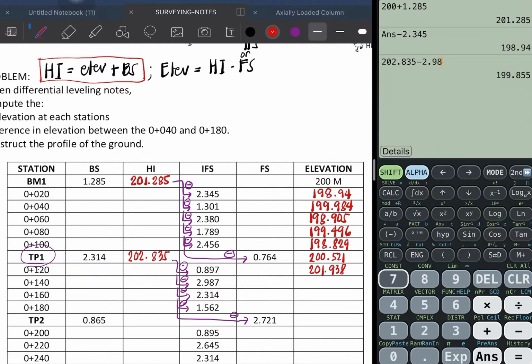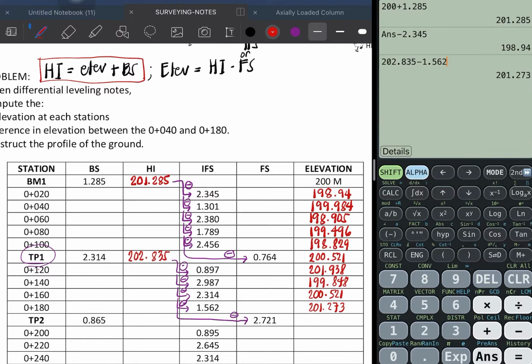And then 2.987 is 199.994. 2.848, and then 2.314 is 200.521. Then 1.562 is 201.273.